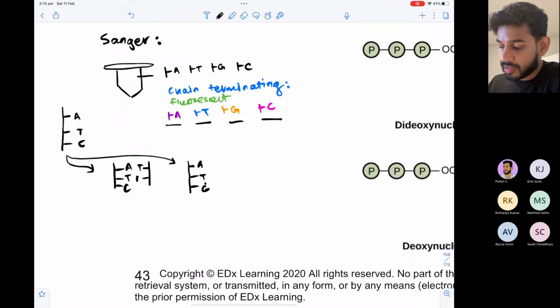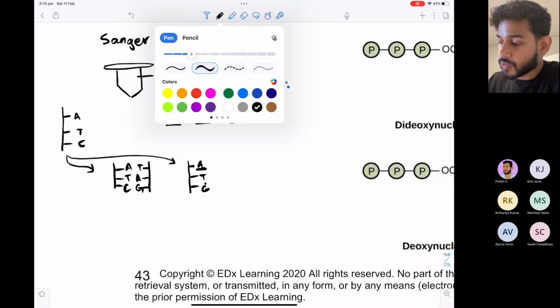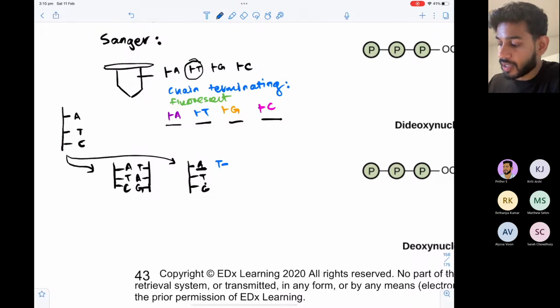T. What binds to a T? A. What binds to a C? G. So now instead of a normal thymine binding to this adenine position here, we can have a fluorescent thymine binding to the adenine.